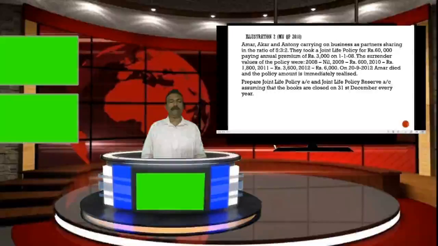Amar, Akbar and Anthony, carrying on business as partners, sharing in the ratio of 5:3:2. They took a joint life policy for rupees 60,000, paying annual premium of rupees 3,000 on 1/1/2008.